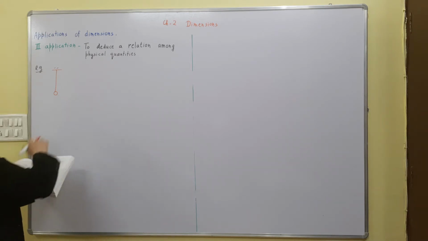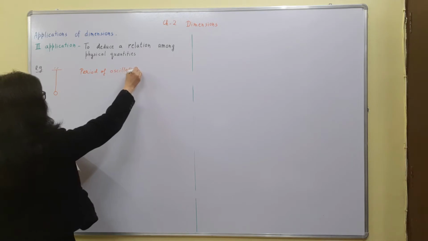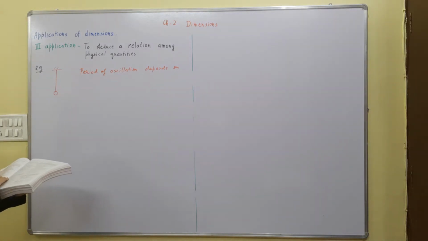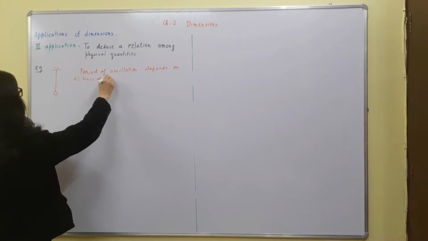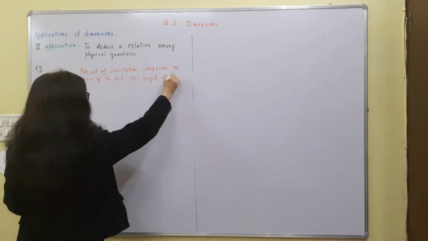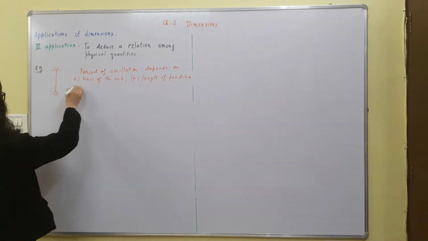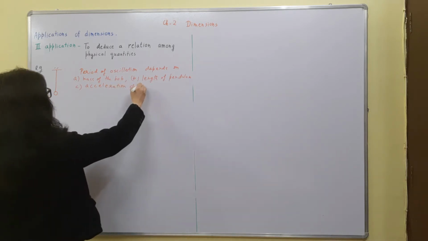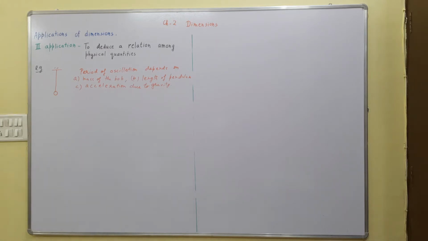Suppose that the period of oscillation of the pendulum depends on the mass of the bob, length of the pendulum, and acceleration due to gravity. Derive the expression for its time period.